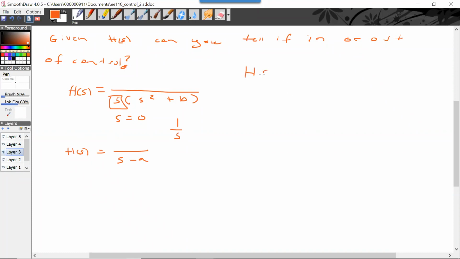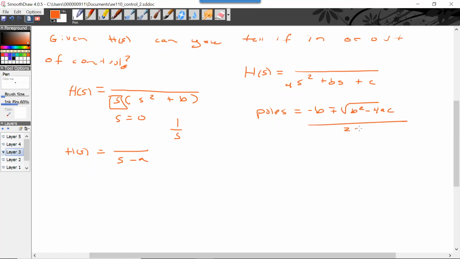If we look at a second order system, we can use the quadratic equation to find out where the poles are. And so now, really, we can just look at several cases.